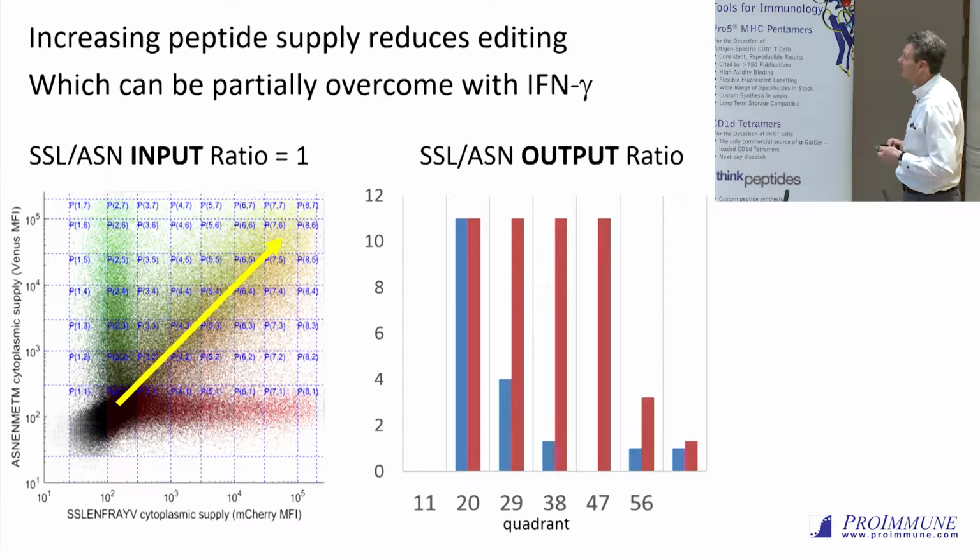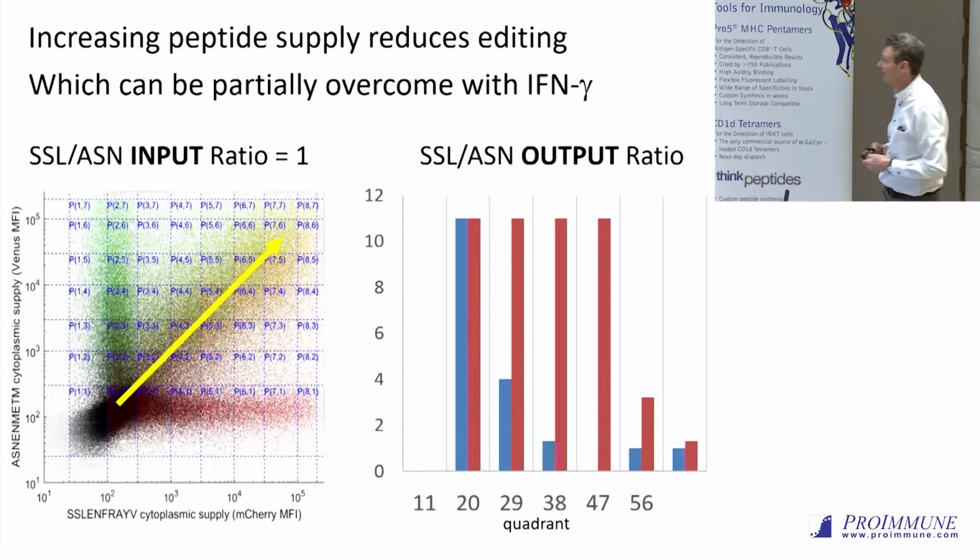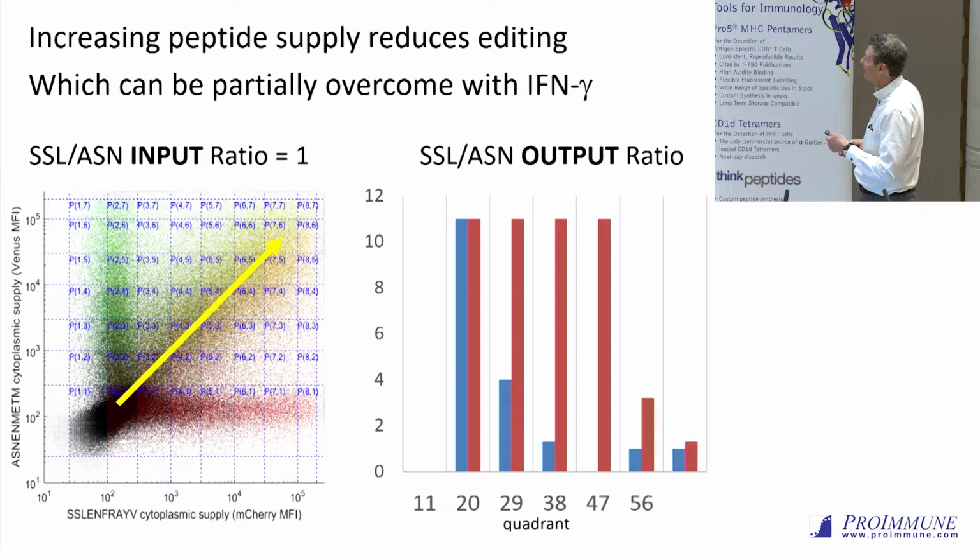And what we find is that as the total amount of competing antigen increases up this diagonal, the output ratio changes. So you're more likely to present a low affinity peptide at very high abundance than a high affinity peptide. And that again is regulated by expression of interferon gamma.